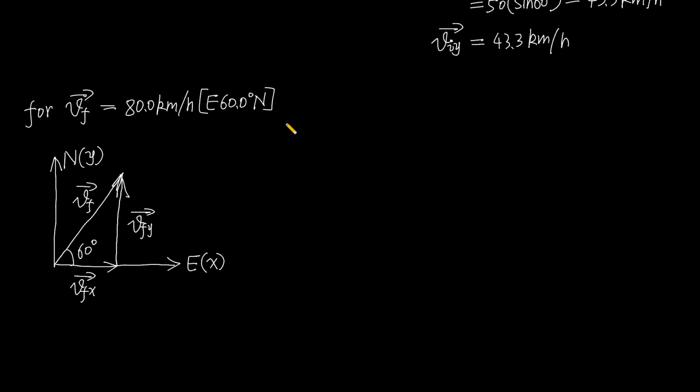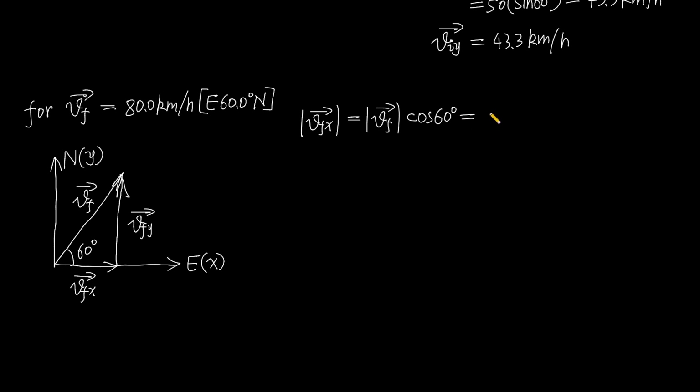Now from the graph, we can know that the magnitude of the final velocity x equals the magnitude of the final velocity multiply cosine 60 degrees.